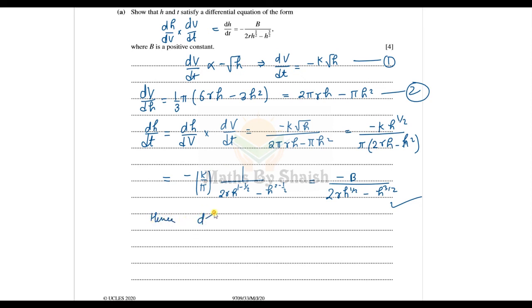So dh over dt can be written as minus b over 2rh to the power 1 by 2 minus h to the power 3 by 2.